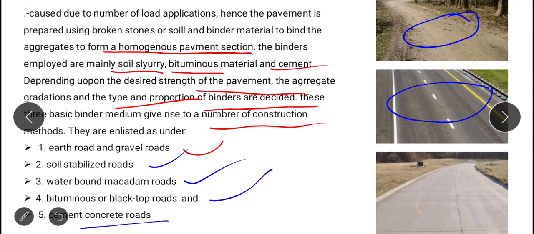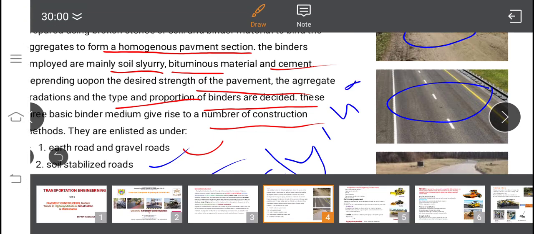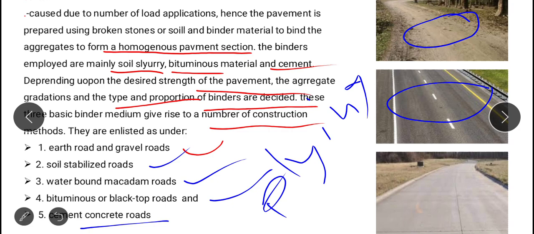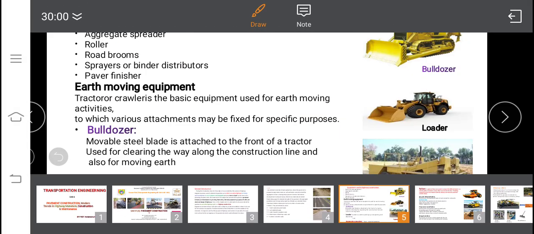It is very clear and distinct for the road user who is plying on the road. Plying, P-L-Y-I-N-G, means coming on to the road with a vehicle. Now lastly, this is cement concrete road, CC road, rigid pavement.